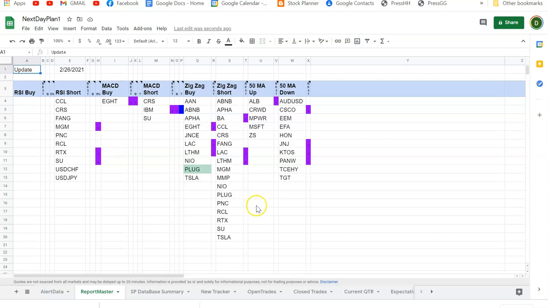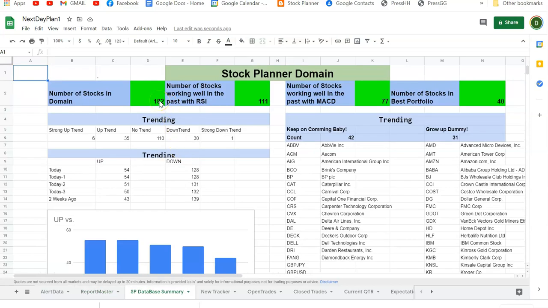And I know which signals do well with the indicators that I've chosen. Currently, I have 182 stocks in my domain. These are stocks that I know. I have 111 that work well with the RSI and 77 that work well with the MACD. And I've chosen the best of those stocks and put them in a portfolio, of which I have 40.